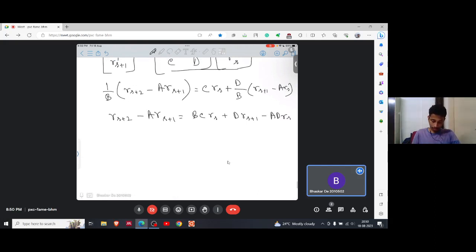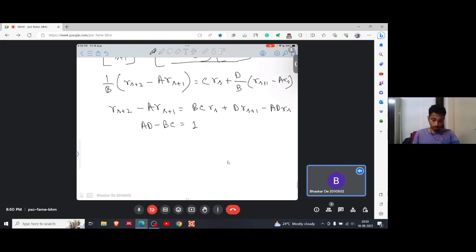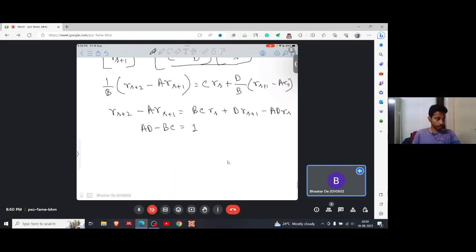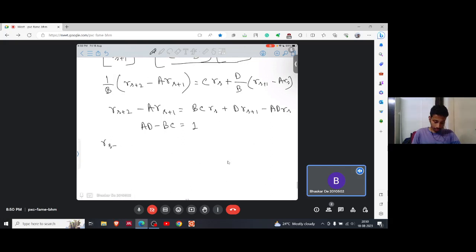That means AD minus BC equals 1. So now applying this, we can rewrite the equation like this: r_{s+2} minus (A + D) r_{s+1} plus r_s equals 0.